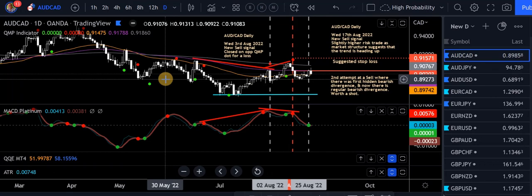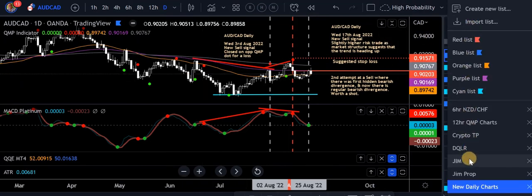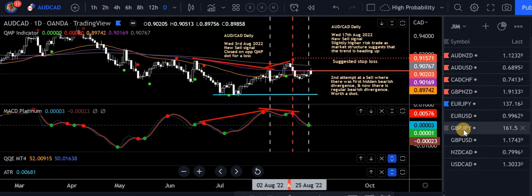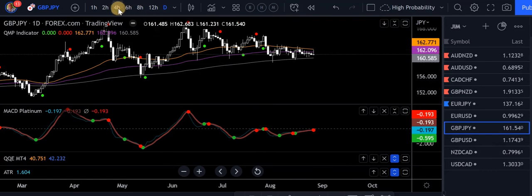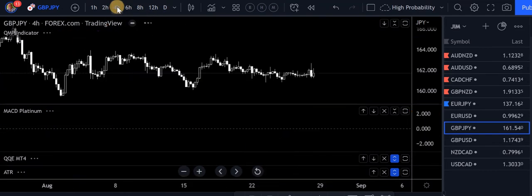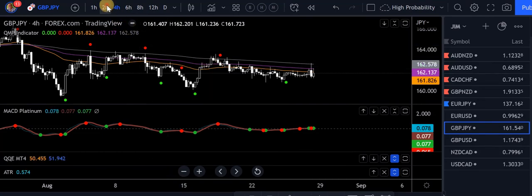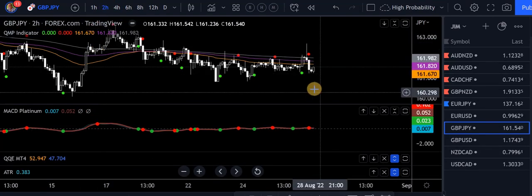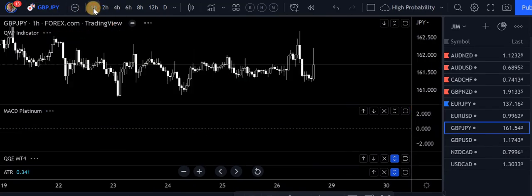But you can drop this down to any time frame. Let's find a random chart somewhere. We'll go to the pound yen, for example. Got nothing going on here at the moment, this watch list. But 4 hours, even the 4 hours, you go down to the 2 hour chart, that's boring. I picked the wrong pair here. It's the most boring pair at the moment, the pound yen.